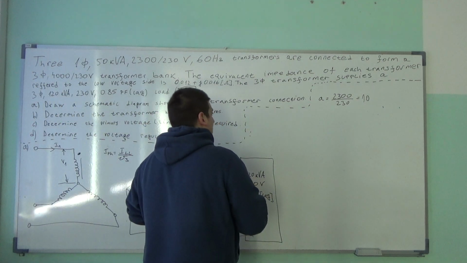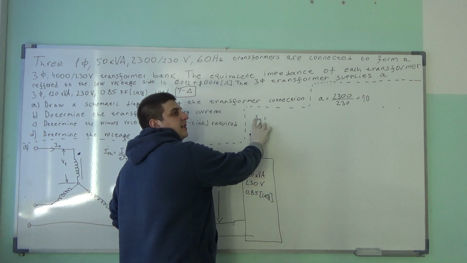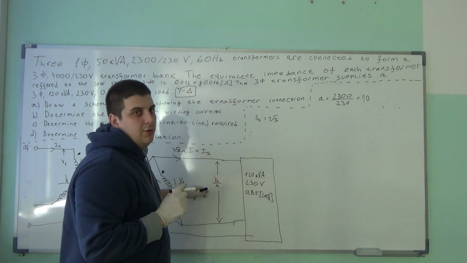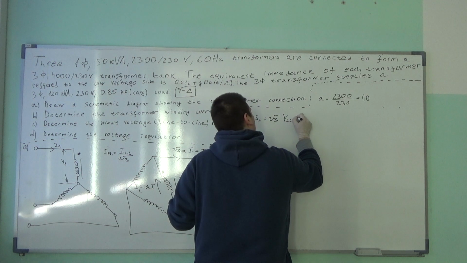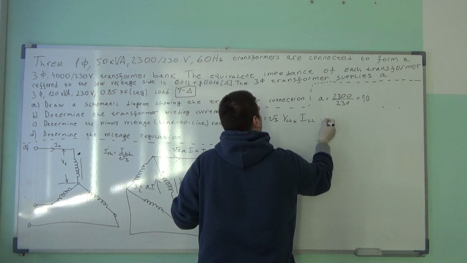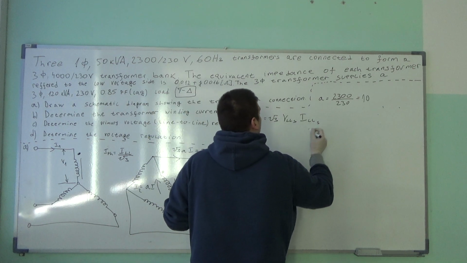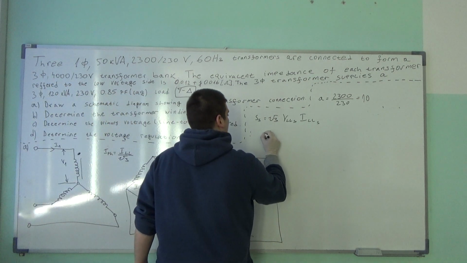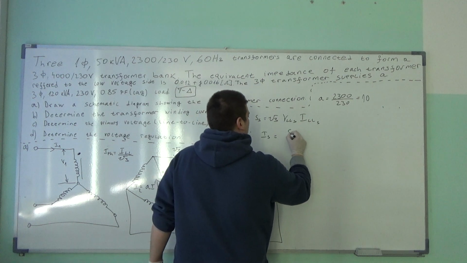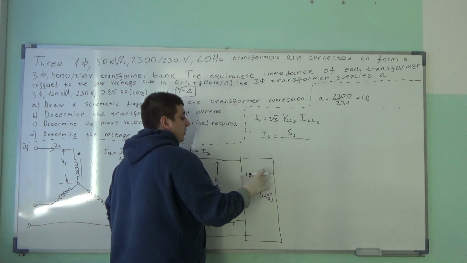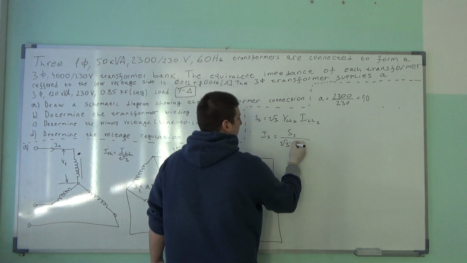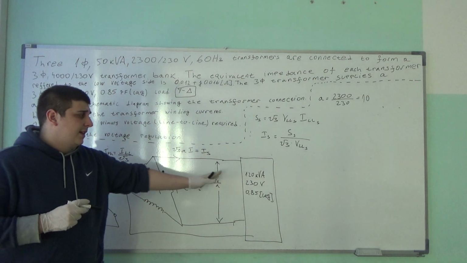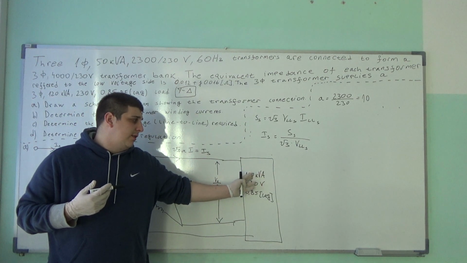So the apparent power on the secondary side, S_S, is equal to square root of 3 times the line voltage on the secondary side times the line current on the secondary side, which means this I_S is equal to the apparent load on the secondary side divided by square root of 3 times the line voltage. Now, it says here that the load is 120 kilovolt amperes.